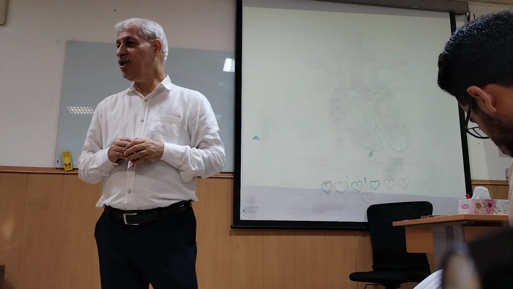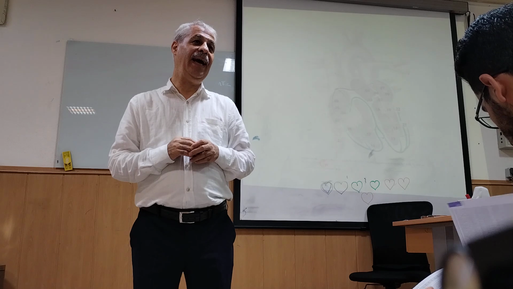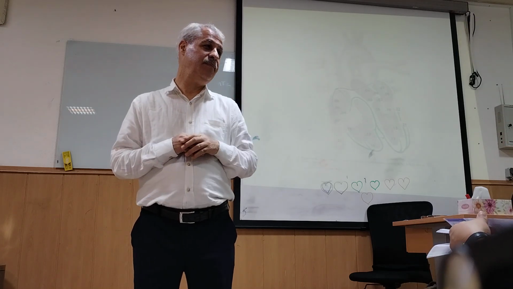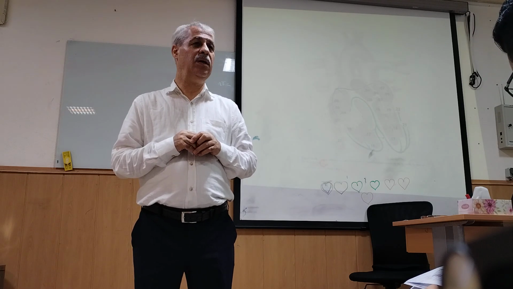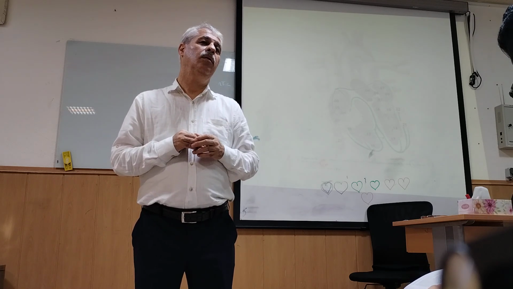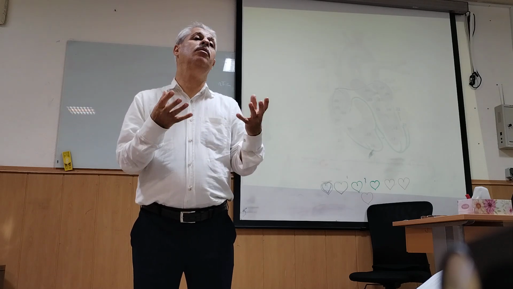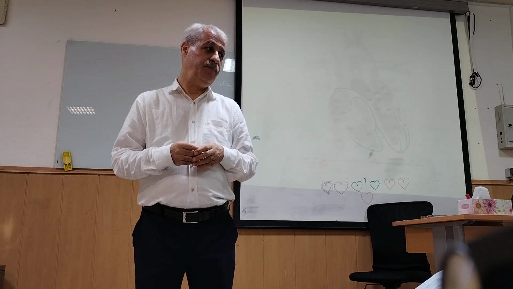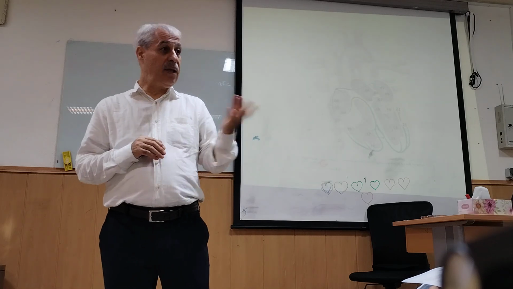But in a very rare situation, the impulse can pass in the opposite direction and activate the atria from down to up. Anywhere in the heart, even in the atrial muscle itself or ventricular muscle itself, especially during hypoxia, can send signals and activate the heart.